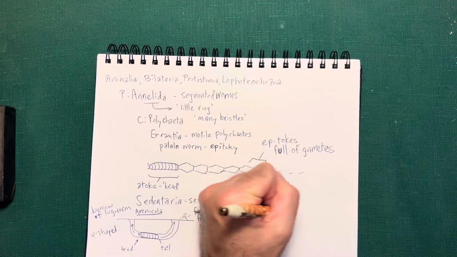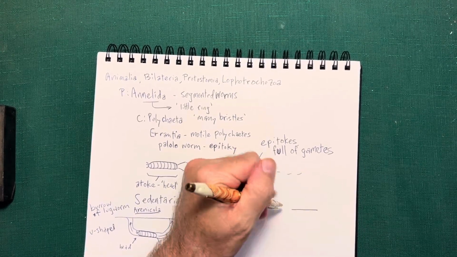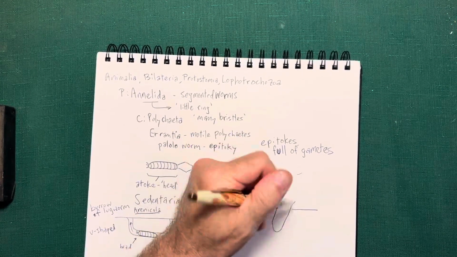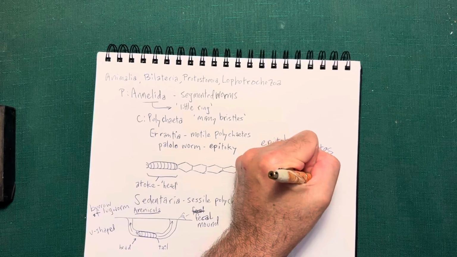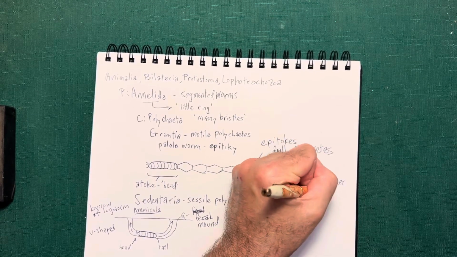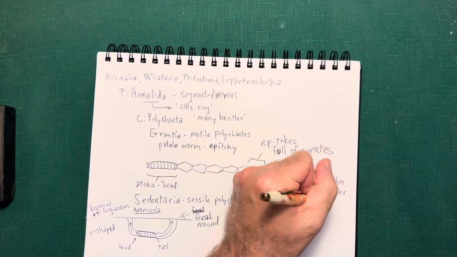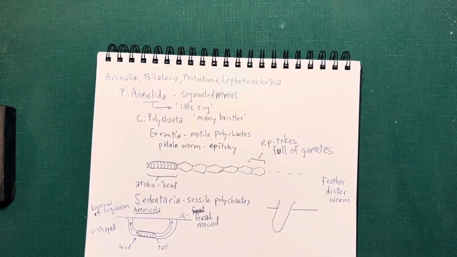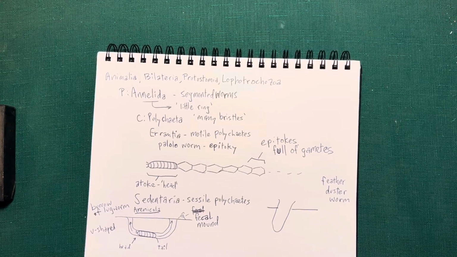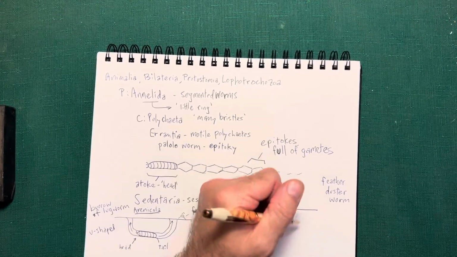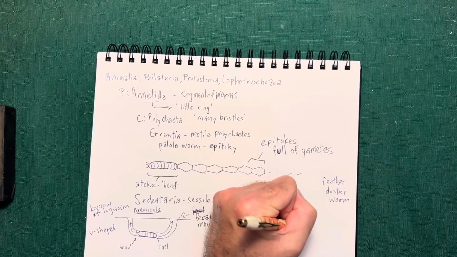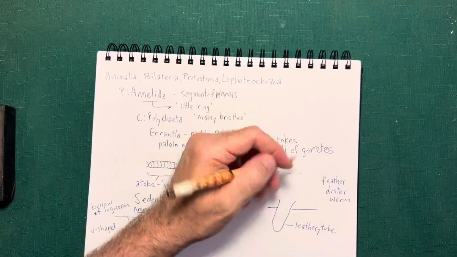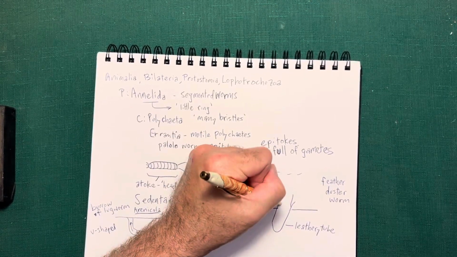Okay, another type of sedentarian is a feather duster worm. This is a worm that you might encounter if you were out diving at a coral reef. They produce a leathery tube which they live inside and they can withdraw into.